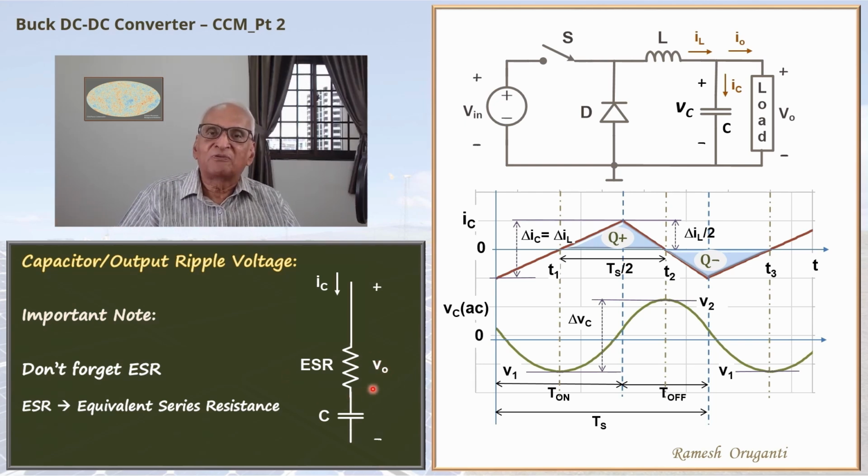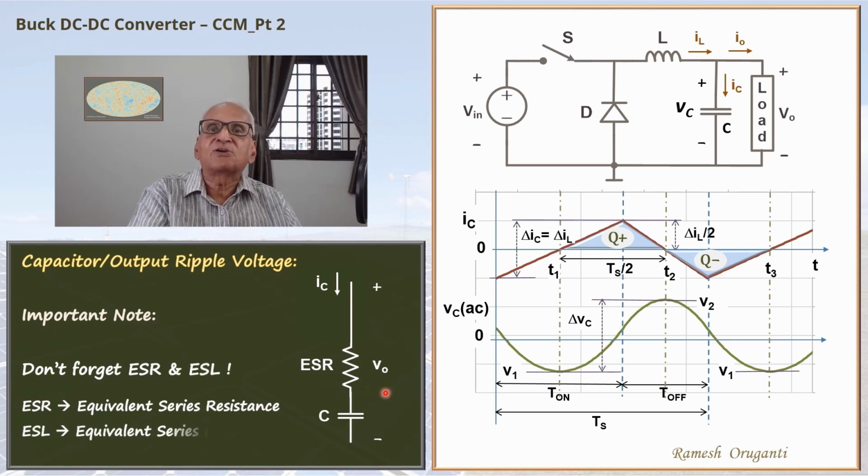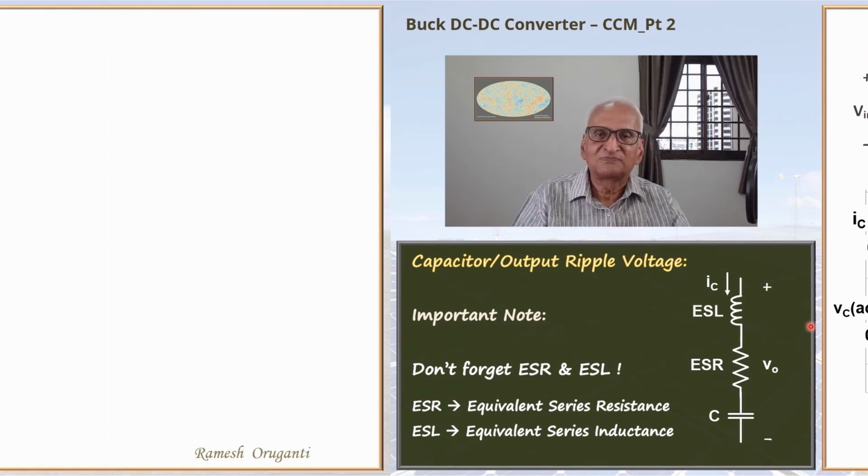Another parasitic component that can be troublesome at high frequencies, maybe in a 1 megahertz converter, is ESL. As you can guess, that is equivalent series inductance. So a designer has to take into consideration or at least check for effects of ESL and ESR.